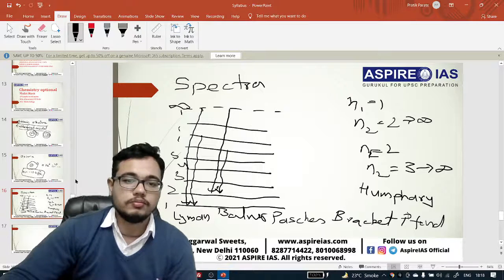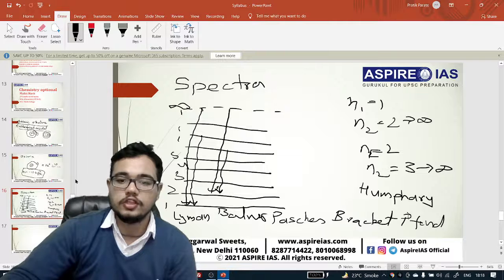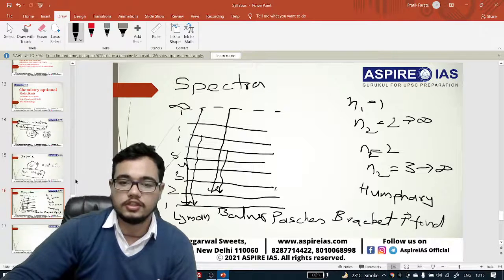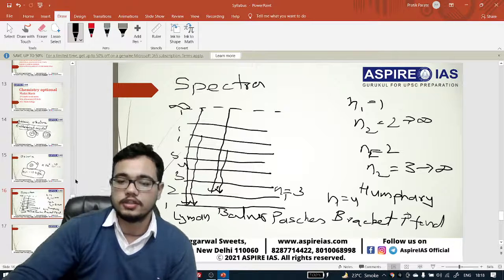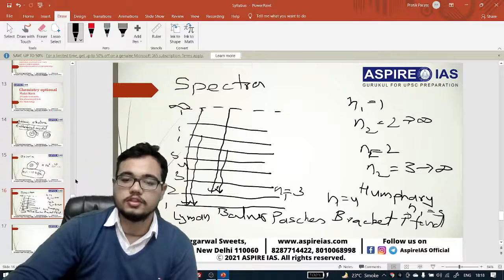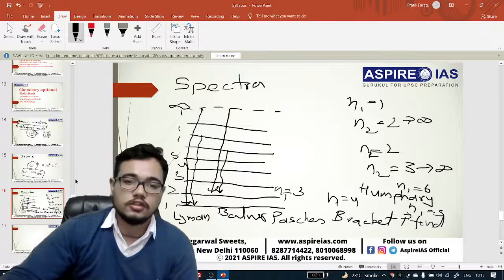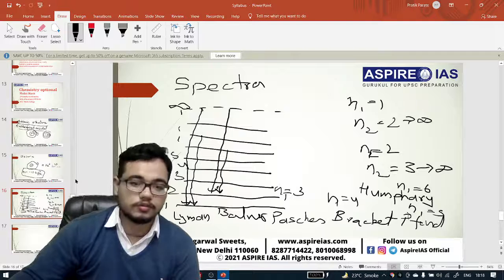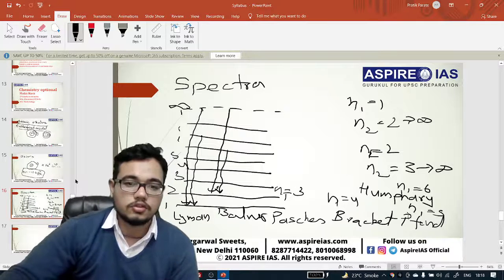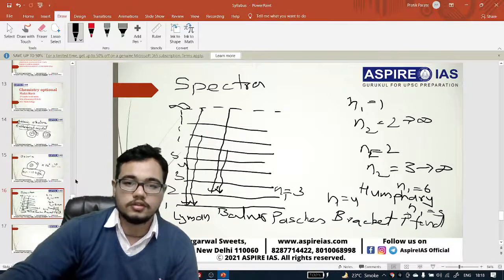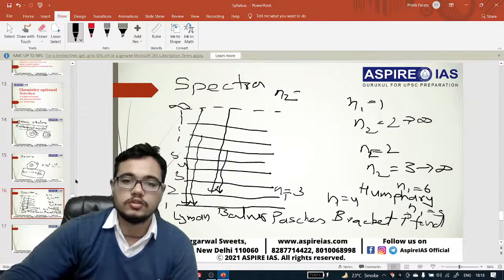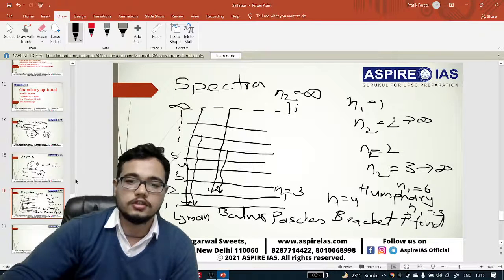Lyman was from infinity to n1 equal to 1. n1 equal to 2 is Balmer. n1 equal to 3 is Paschen. n1 equal to 4 is Brackett. n1 equal to 5 is Pfund, and n1 equal to 6 is Humphreys. In this, the line that is starting from infinity is called the limiting line. So when n2 is equal to infinity, it is the limiting line.